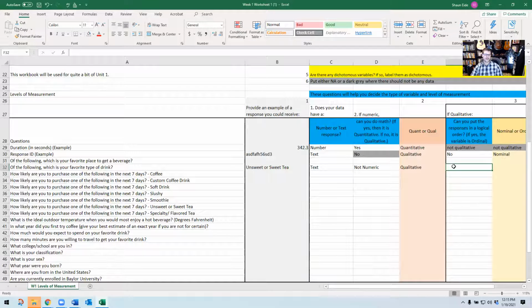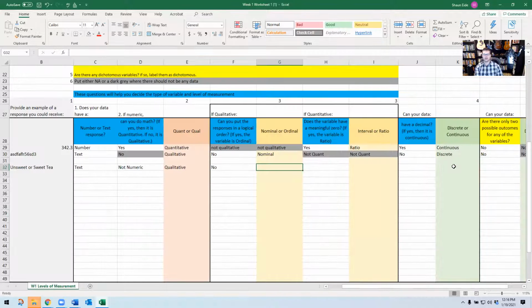So even though that individual said, this is my favorite type of drink, it is a qualitative variable. It is a qualitative answer that cannot be put in order, but rather the qualities of all those 230 people that they indicated can be counted. So can we put them in logical order? The answer is no. And because of that, it is nominal.